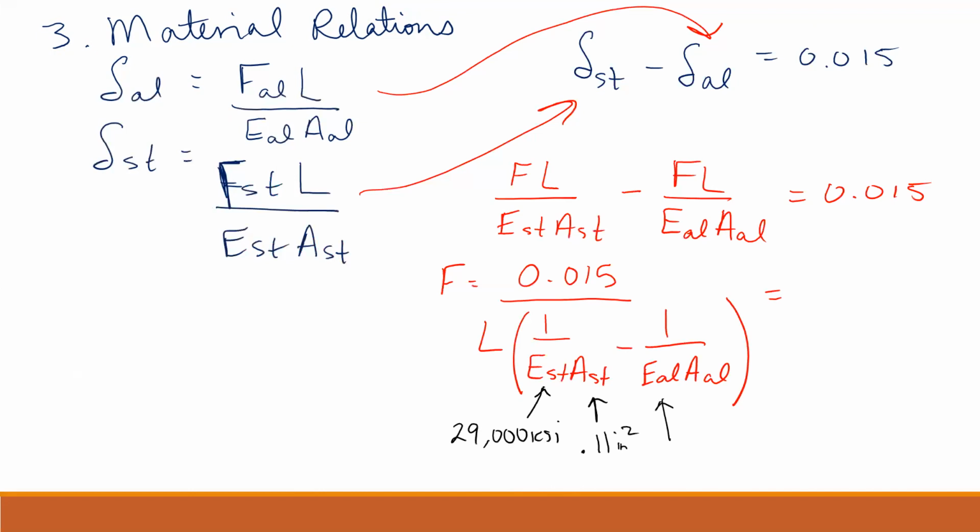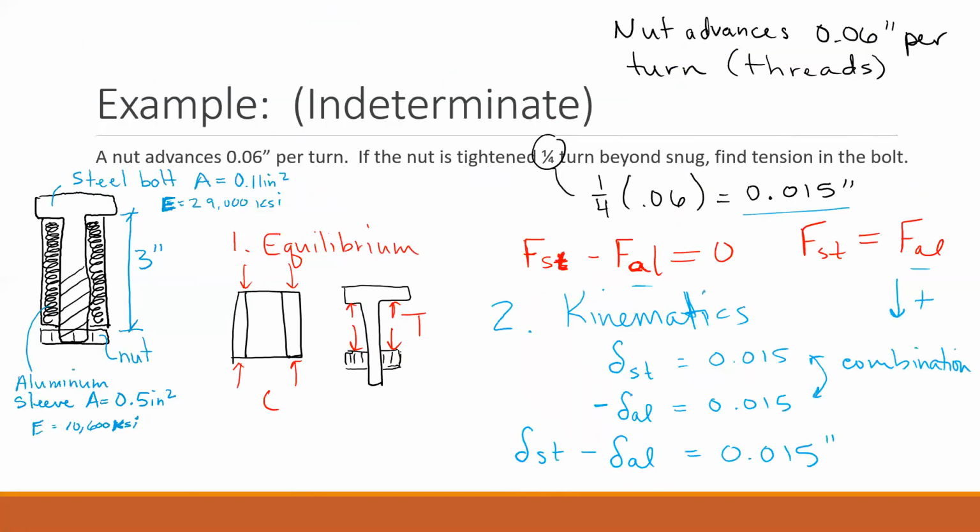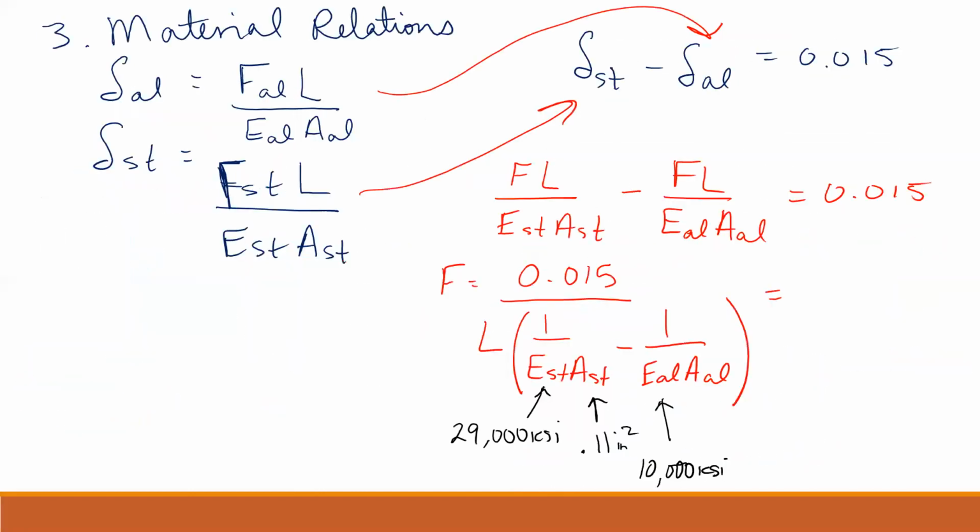For E aluminum, I believe 10,600 ksi is the value given in your textbook.